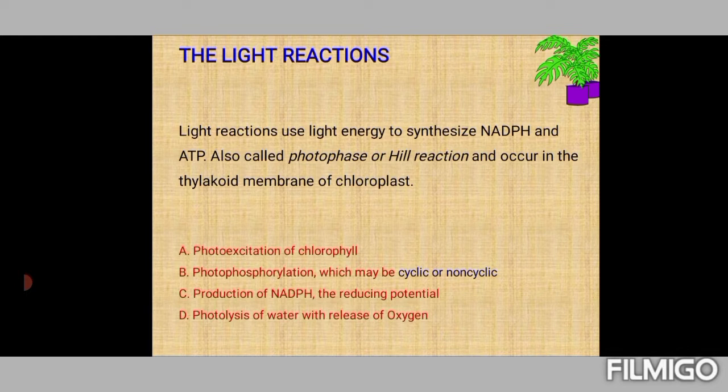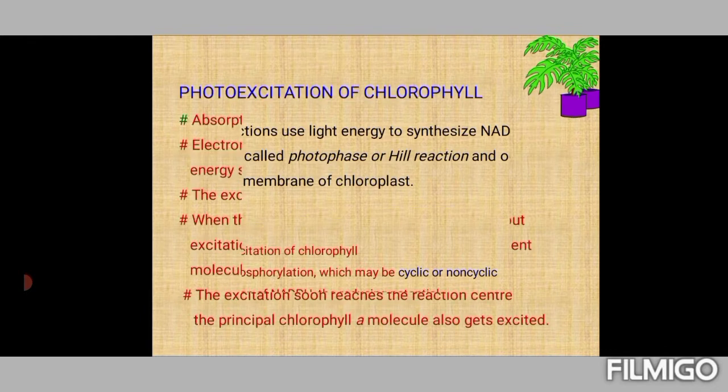One is cyclic photophosphorylation, the other one is non-cyclic photophosphorylation. Then production of NADPH, the reducing potential, as well as release of oxygen, is also very important. So this is called Hill reaction after Robin Hill.